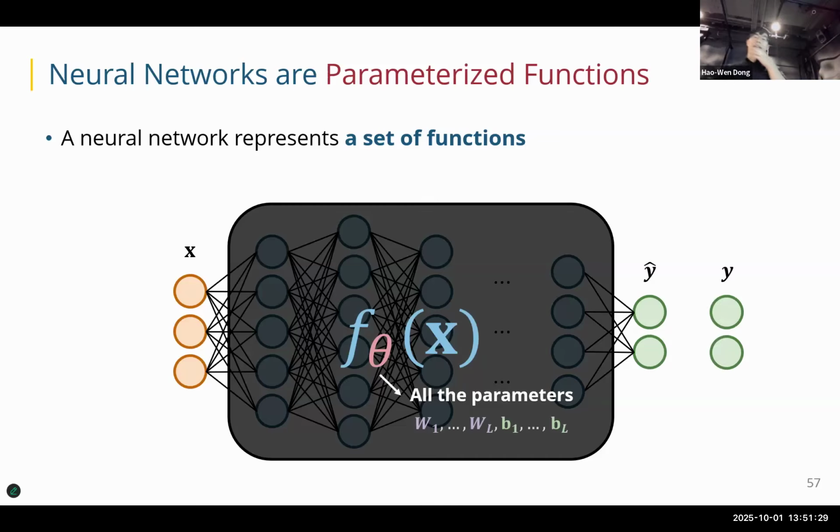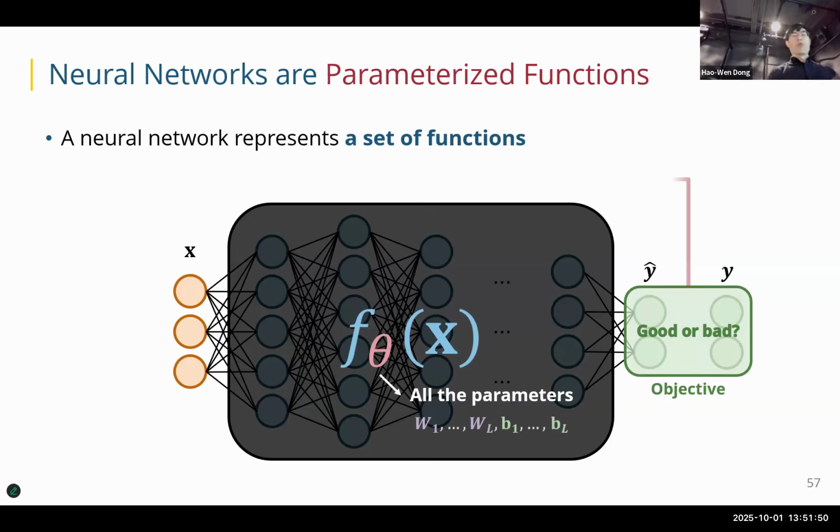Our goal is, once you have X and you have Y, input and output, you want to compare the output with some ground truths, the essential outputs you want to model. Then you want to measure how close they are, and use this as a reward or a loss or objective function to guide how you find the optimal parameters.